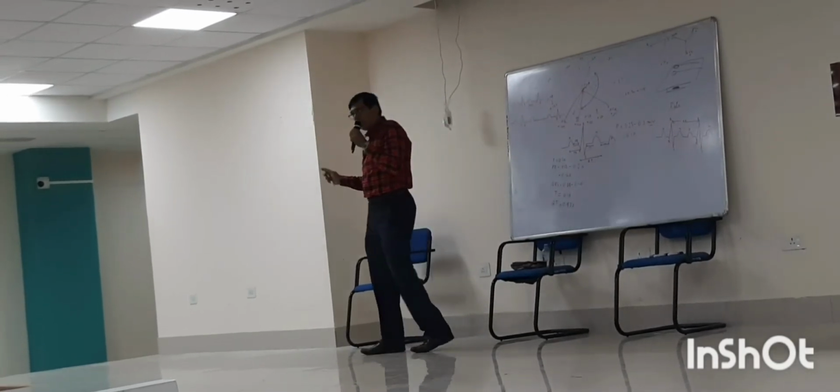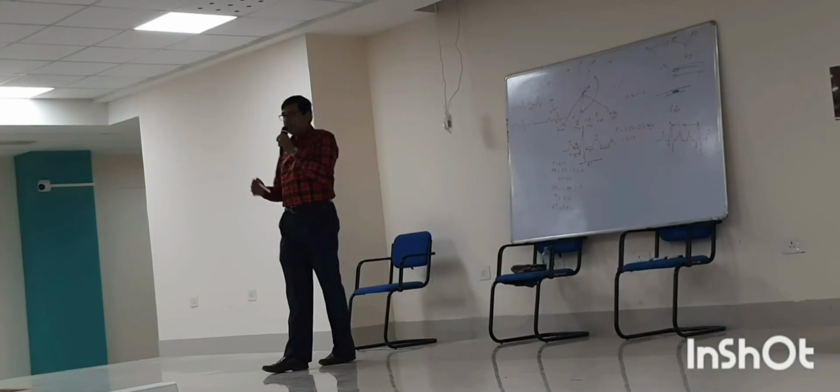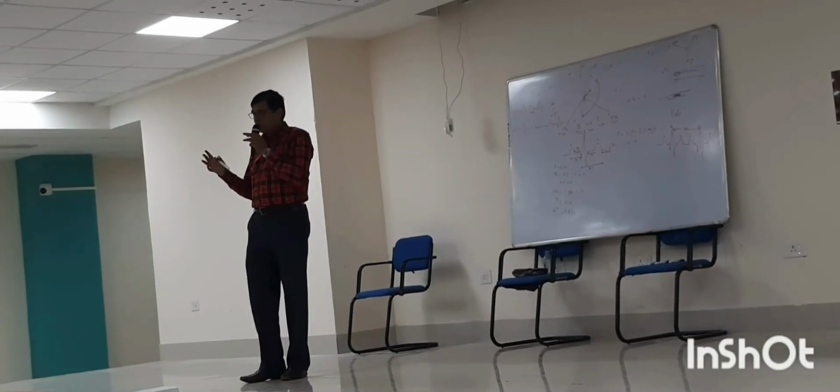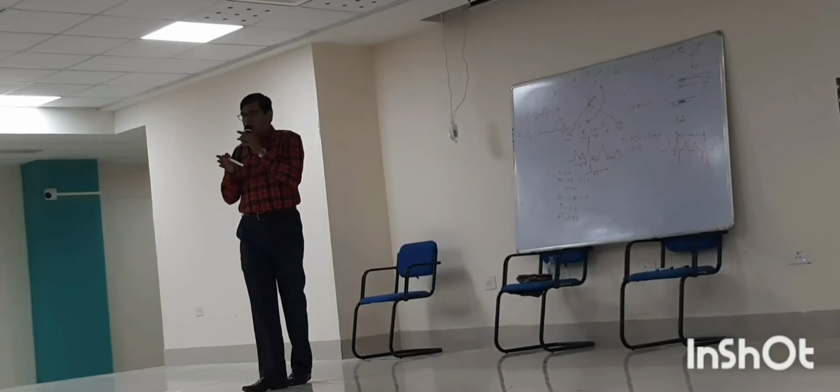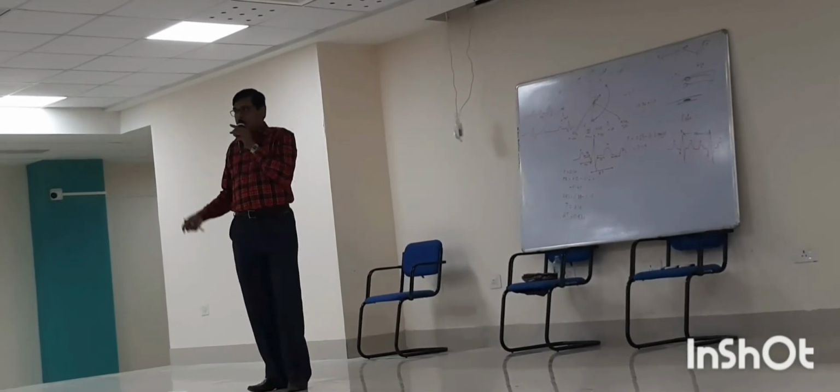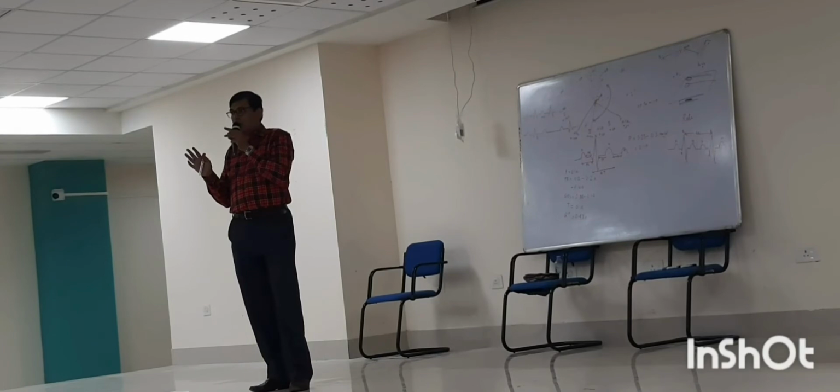If there is complete dissociation, atrium beats on its own, ventricle beats on its own. There is no communication between atrium and ventricle. That is called complete heart block.